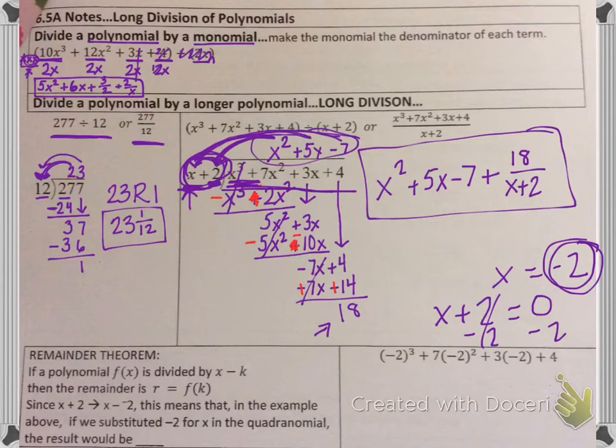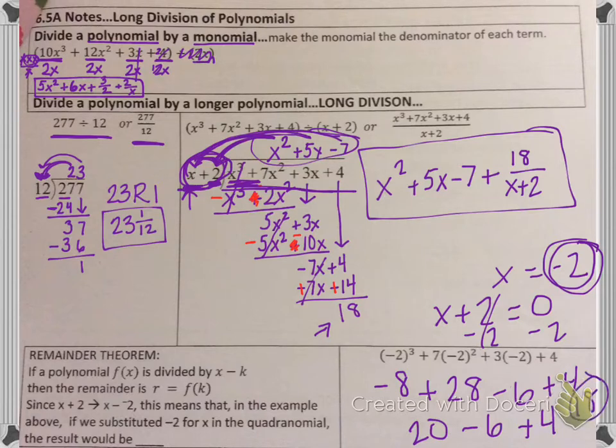So negative 2 to the third would be negative 8. Here I have to follow PEMDAS, so negative 2 squared is positive 4 times 7 is 28. 3 times negative 2 is negative 6, plus 4. So negative 8 plus 28 is 20. Minus 6 is 14, plus 4 is 18. I did get that remainder.